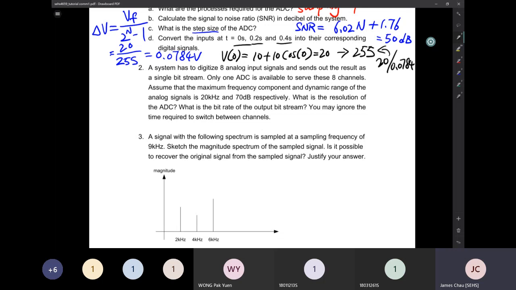Now remember that the resolution comes from the 70 dB. We use it to make the calculation, and therefore what you are going to do is using the signal to noise ratio formula again.